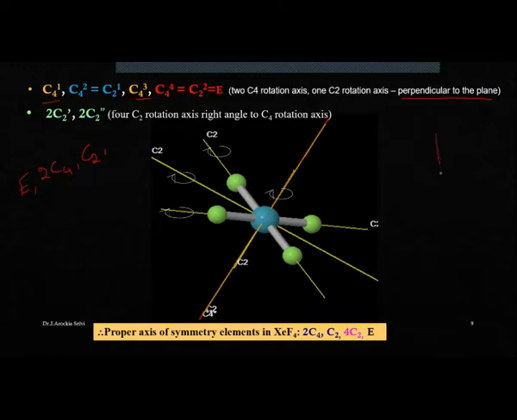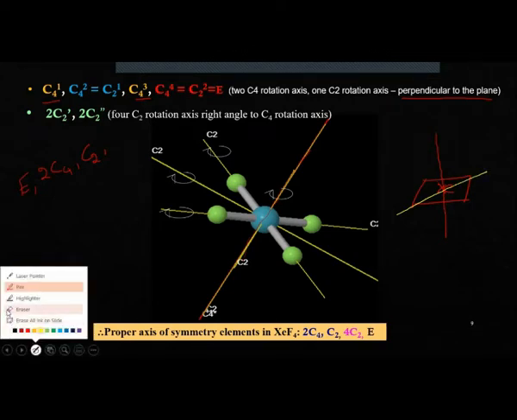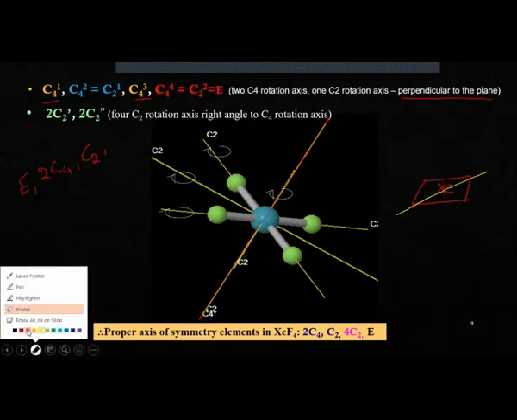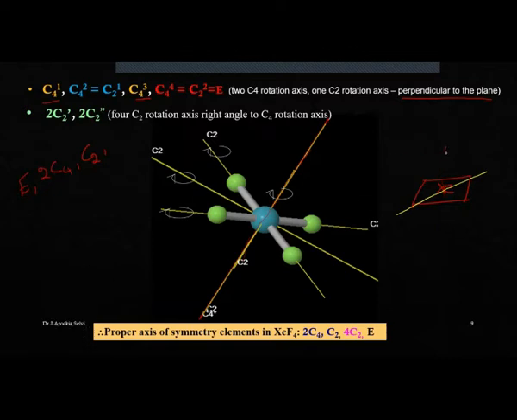This C4 axis, we are saying, is perpendicular to the molecular plane. If I want to represent the perpendicular axis, let me put it in a dotted line so that it will be easy for you to visualize. So this is how I am representing the dotted line perpendicular to the plane.